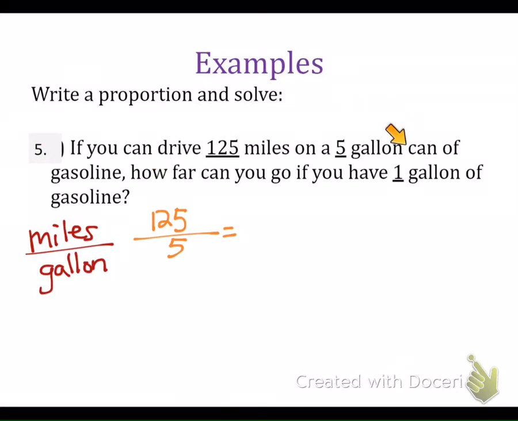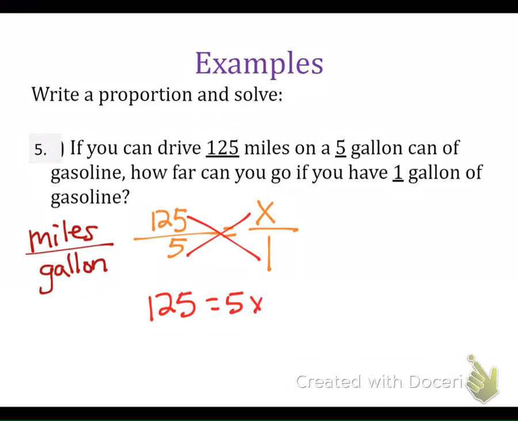So they're asking us how far can you go, which would be miles, if you have 1 gallon of gasoline. Well, gallon goes on the bottom, so we're looking at how many miles we could go on the 1 gallon. So we're going to cross multiply here. 125 is equal to 5x. Divide both sides by 5. X equals 25 miles.